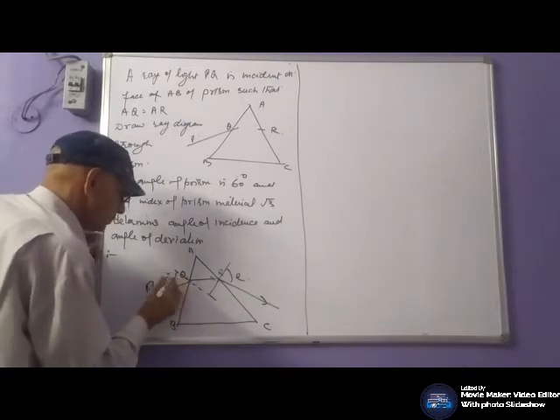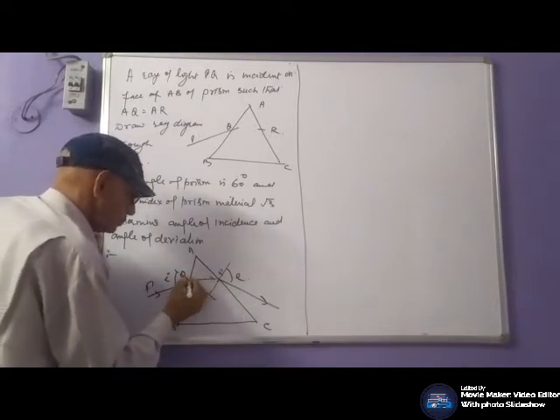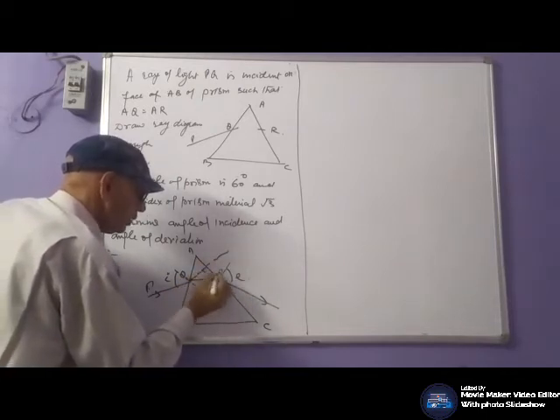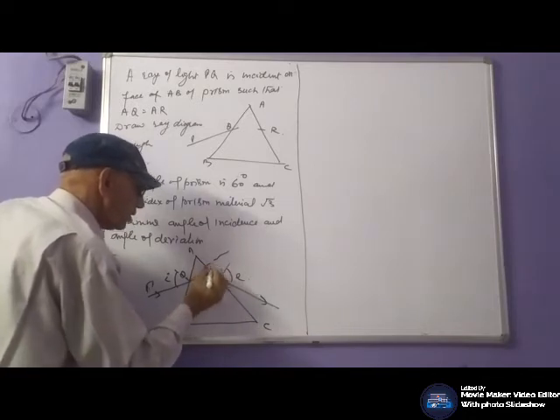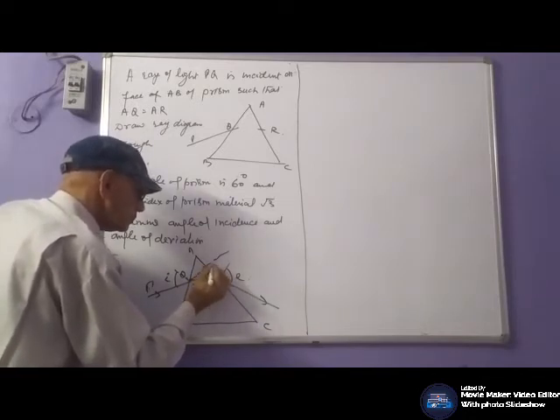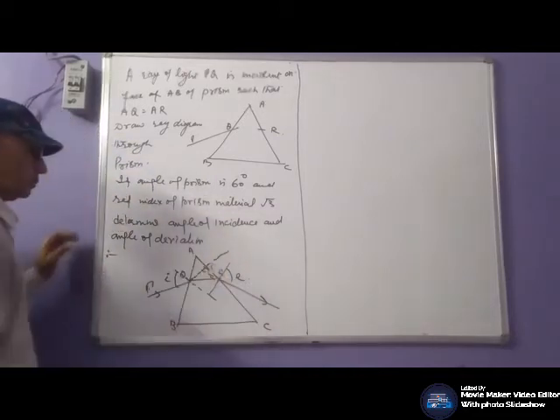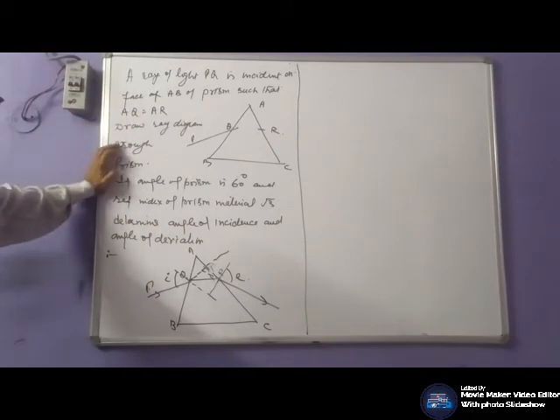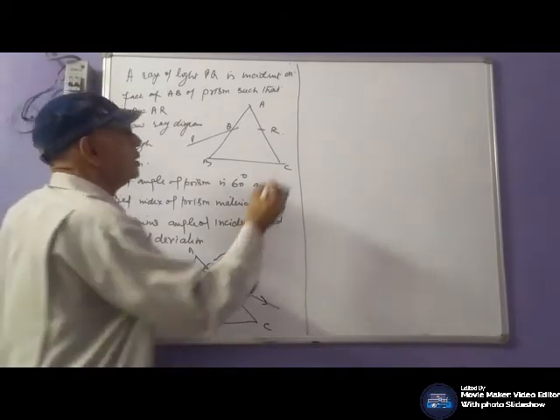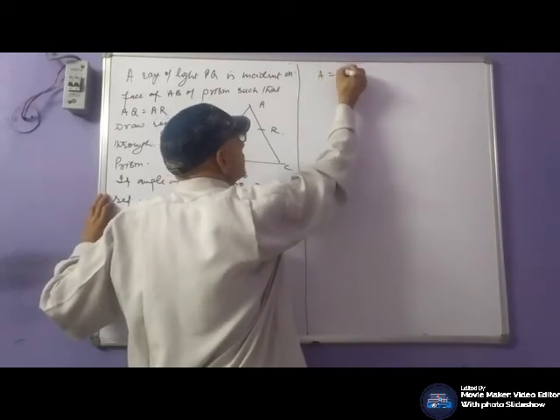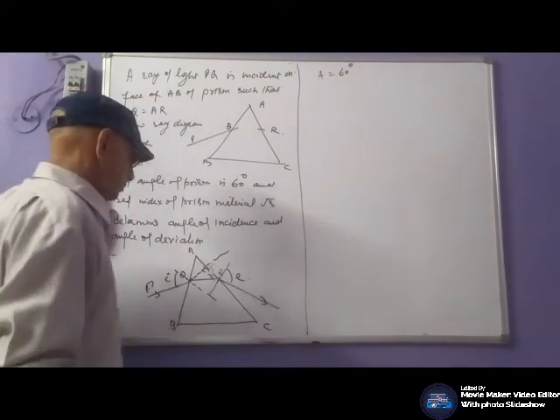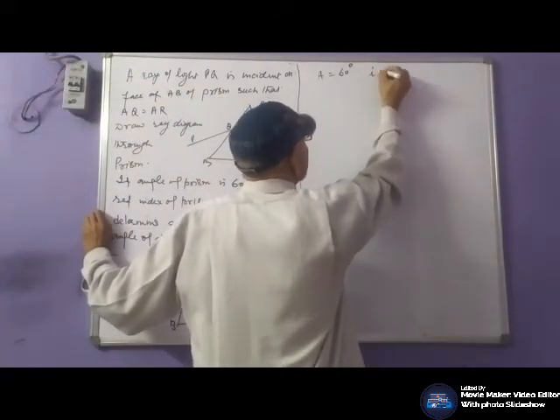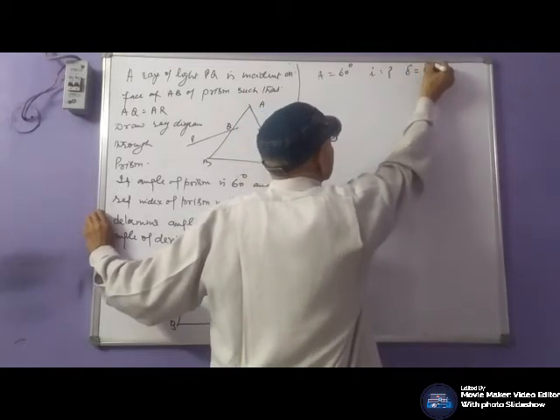This is I. This will be delta. To draw rays through the prism, A was given 60 degree. We have to find I, we have to find delta.